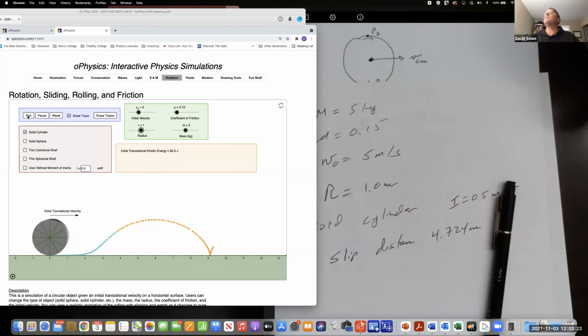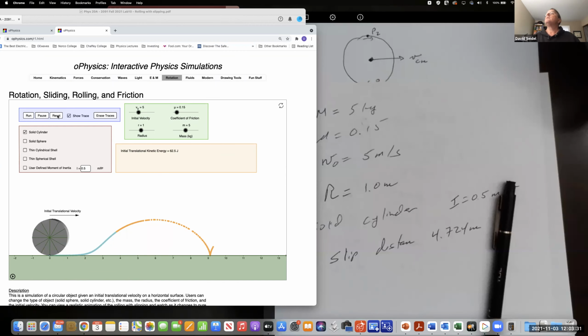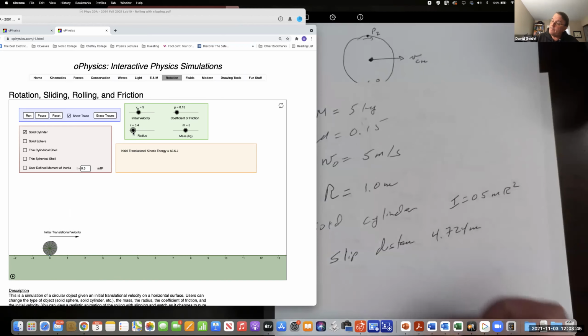Make sure I didn't remember wrong. 4.724 meters. That's our slip distance. Reset, erase trace. Let's suppose I make the radius now 0.4 meters. Is my slip distance going to go up, down, or stay the same?